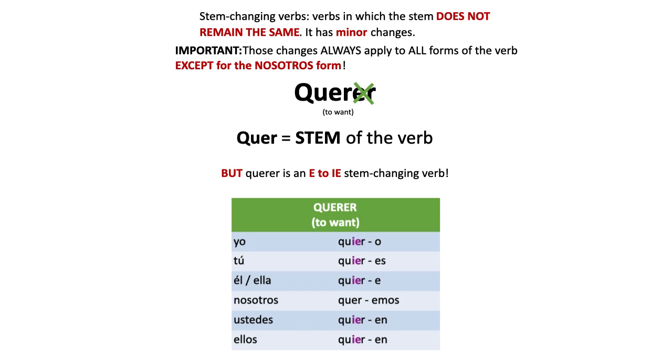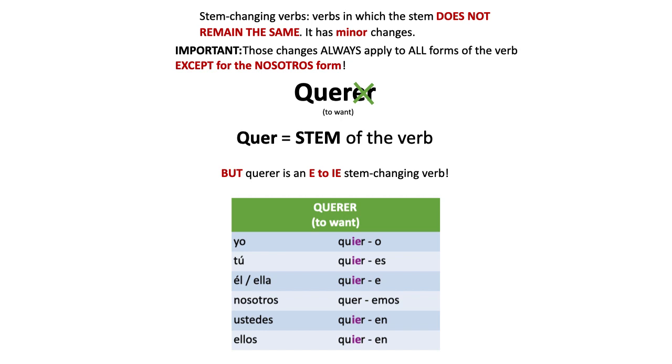Because querer ends in er, so I add those endings. But I'm also adding some very small changes to the stem. We said that querer is an E to IE stem changing verb. Look at the stem. The stem is QUER, right? And I just told you that the E changes to IE.